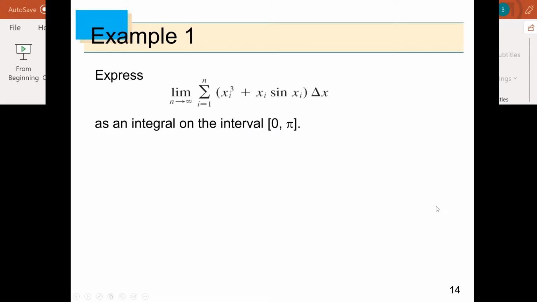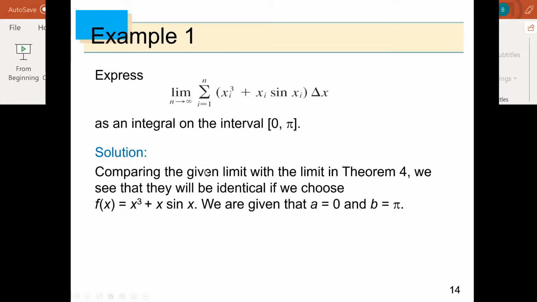So let's take a look at one of the examples. Express the limit of the sum from i equals 1 to n of xi to the power of 3 plus xi times sine of xi, the whole quantity times delta x, as an integral on the interval from 0 to pi.